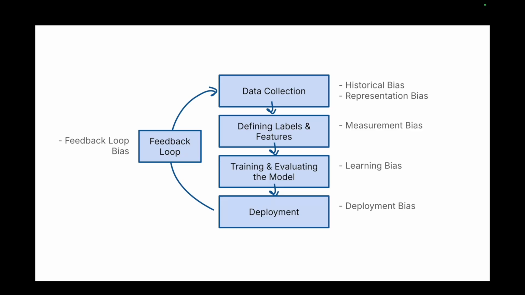And then there's feedback loop bias as you iterate through the system. You also introduce biases into the system. So as a developer, you introduce biases into these systems. And as a user, you can even introduce your own biases into these systems, especially when you think about prompting and conditional generation, which we're going to talk about in a future video.